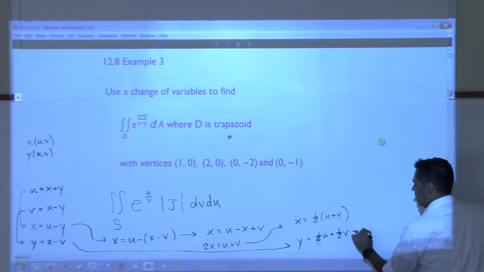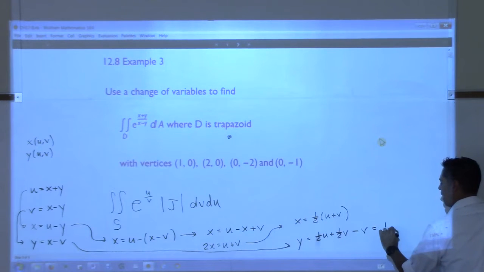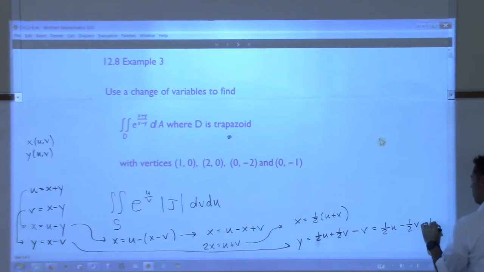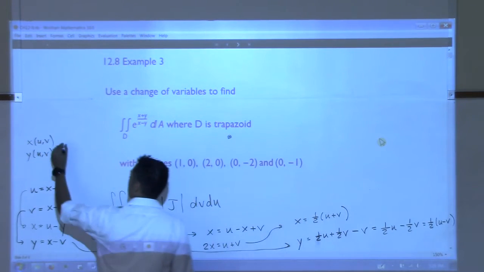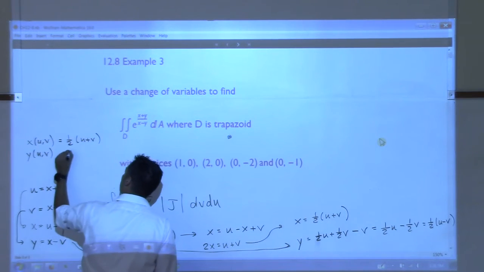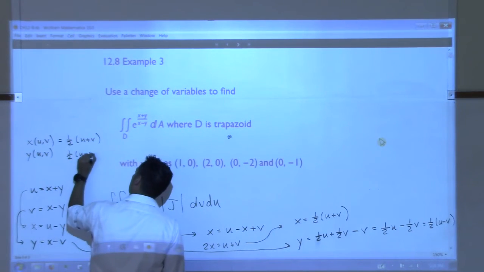And then minus v, which is 1/2 u minus 1/2 v, which is 1/2 u minus v, just factoring out the half. So there we go. We have our two transformations. This one was 1/2 u plus v. This one was 1/2 u minus v.